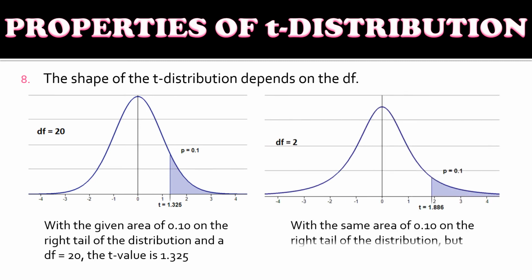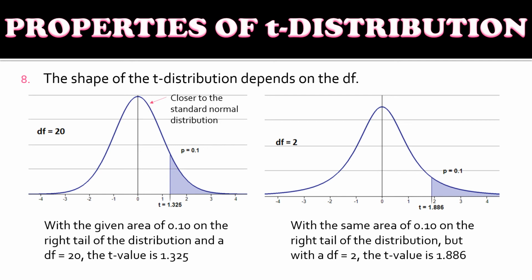Then with the same area of 0.10 on the right tail of the distribution, but with a different degrees of freedom, the t-value is 1.886. If you notice, the t-value is different even though the given area is the same. That is because of the difference in the degrees of freedom.